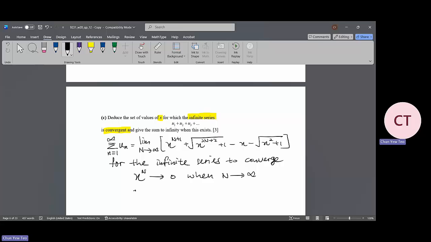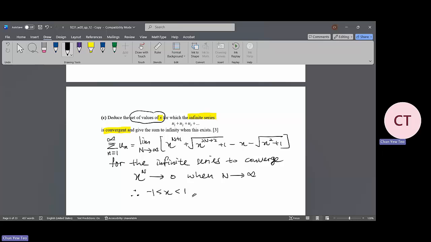Then therefore your x must be between 1 and -1. So this is the condition, the set of values x for which it is convergent. So we need to mention this.